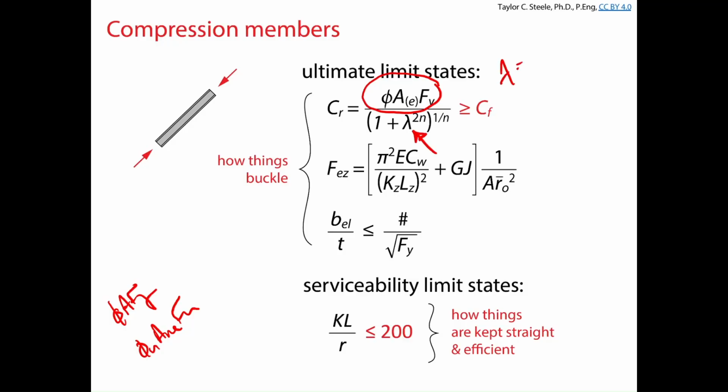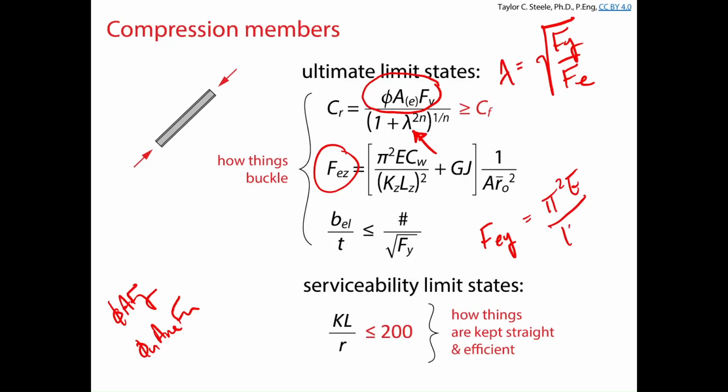Lambda is equal to the square root of Fy over Fe. Fe, if we're looking at torsional buckling, is this crazy expression, but we did at least say that for weak axis buckling it's going to be something like Fey, so we might do pi squared E over (Ky Ly over ry) squared.